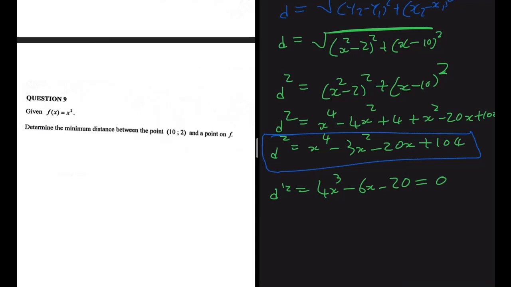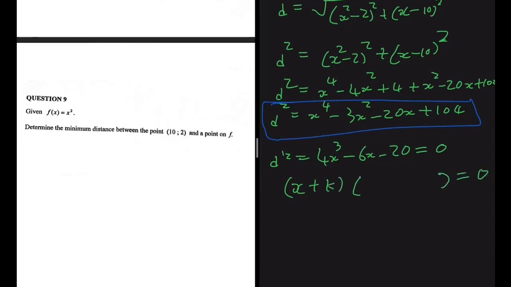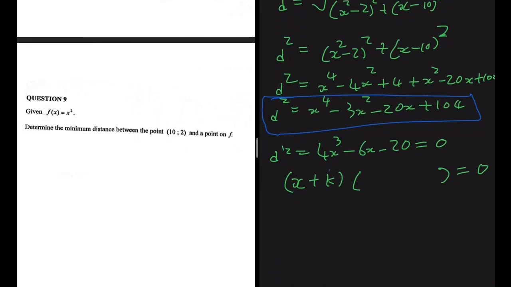So when we solve something like this, we always going to have a bracket here that says x plus some number k, right, multiplied by a quadratic function being equal to 0. So the way you solve this, you start with this bracket here. You use trial and error and try a few values until you get 0.